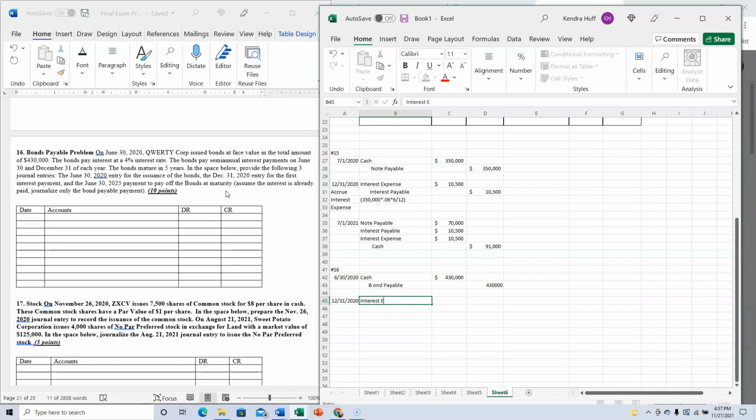So that's interest expense and cash. And it's going to be the $430,000 times the 4% times 6/12. So 430 times 4% times 6/12.